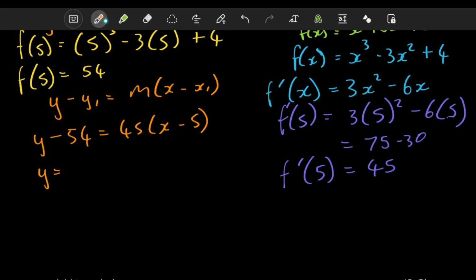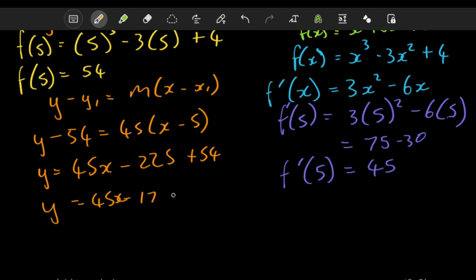So this is going to be 45x minus 225 plus 54. y is going to be equal to 45x, negative 225 plus 54 is negative 171. Come on. Minus 171. That's the way.